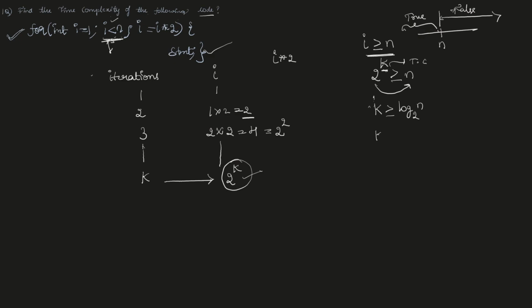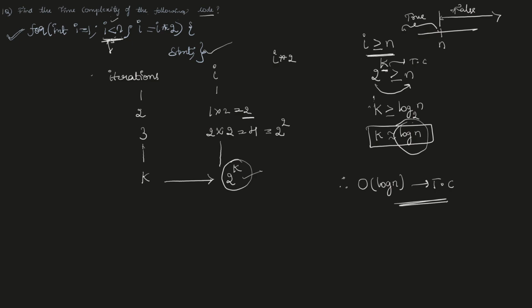Now we can write it as k nearly equal to logarithm of n. So therefore the order of this becomes order of log n, because there is no other thing other than a logarithmic function. So this is the time complexity of the following code.